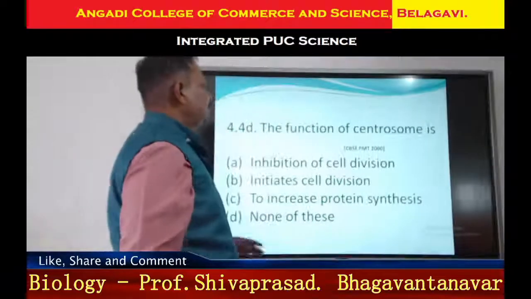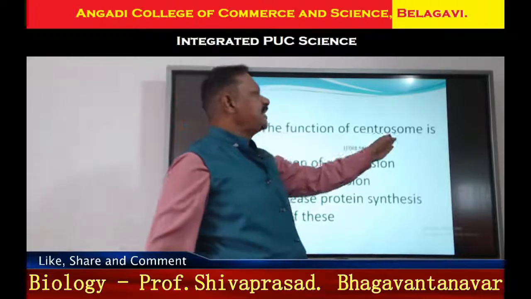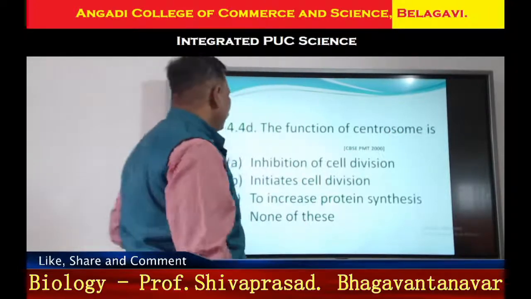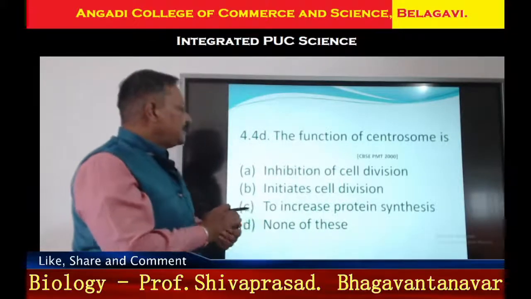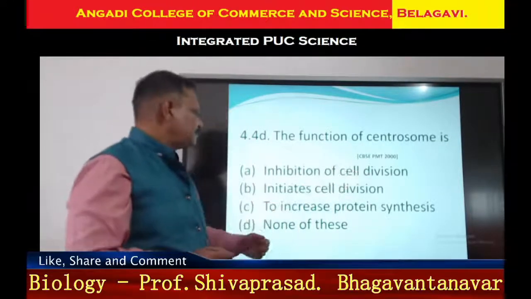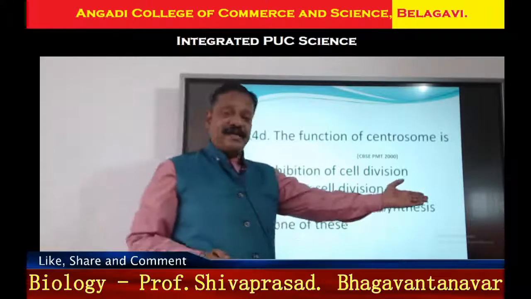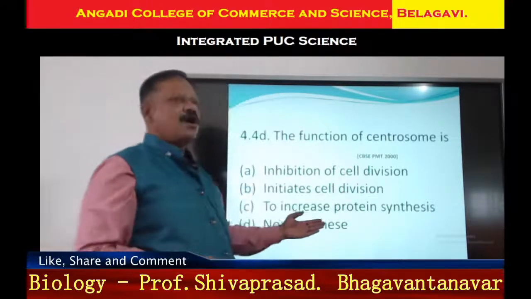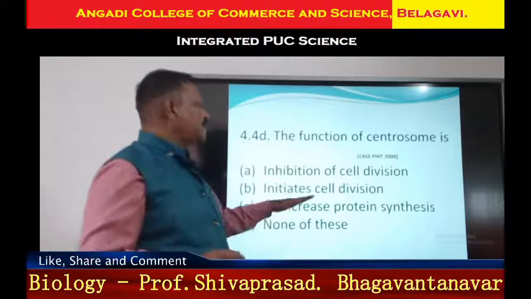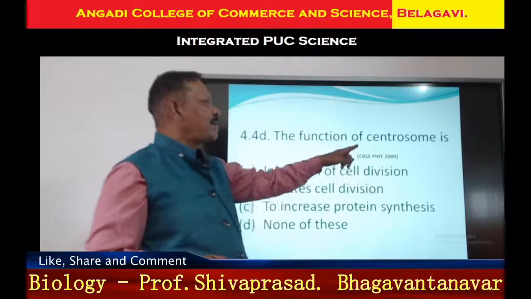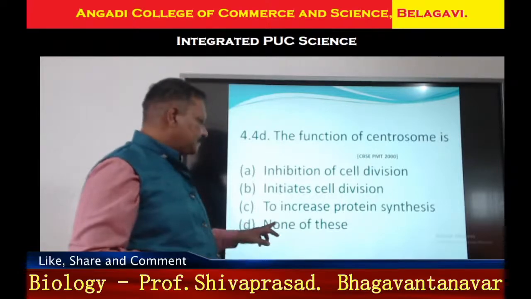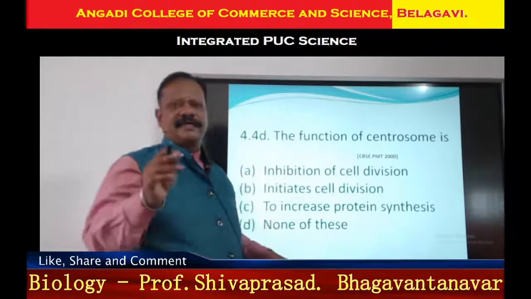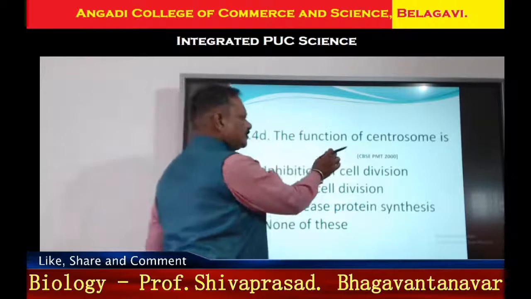Next one is the function of centrosome: inhibition of cell division, initiates cell division, increase protein synthesis, none of these. Nothing is done by centrosome. So the right option D, none of these, is the correct one. We'll move to the next.